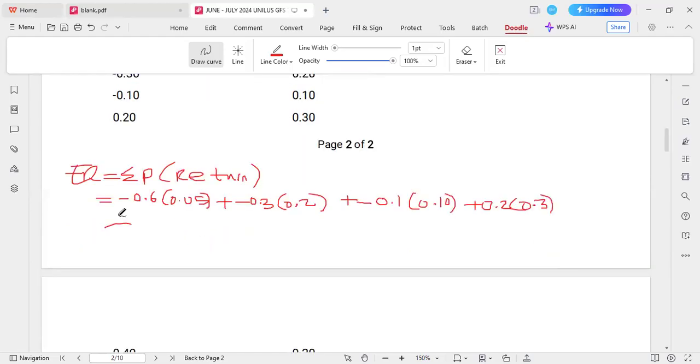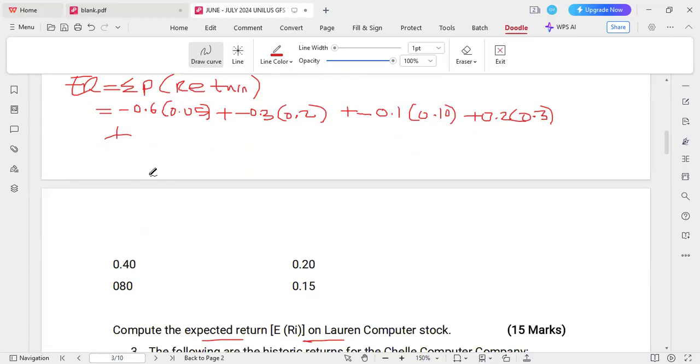Then we have the other one, plus 0.4 on 0.2, plus 0.8 on 0.15.